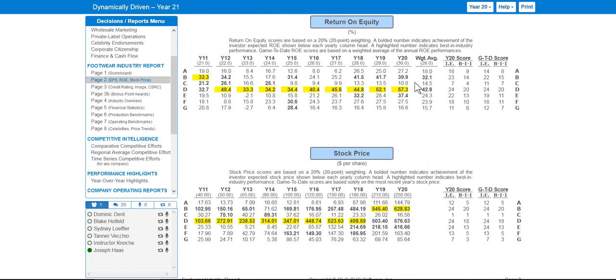And the same thing with return on equity. Their return on equity was up to 32, yet as you can see, ours was at 32. In fact, we didn't have one year that was less than their weighted average.